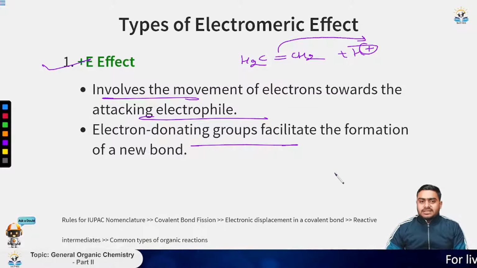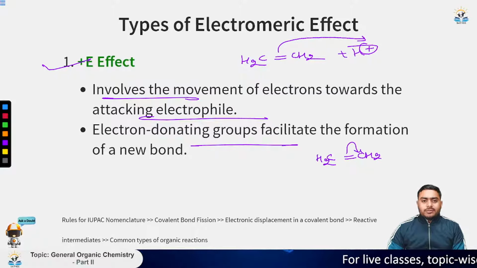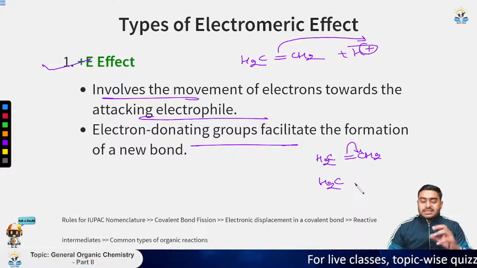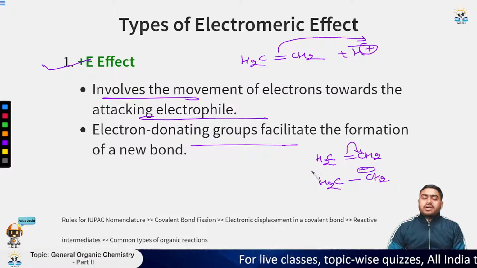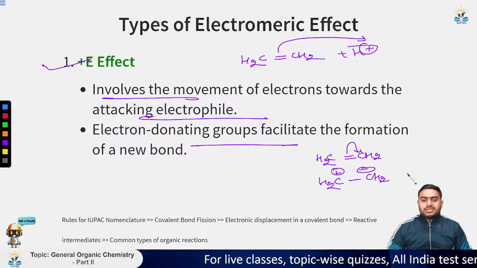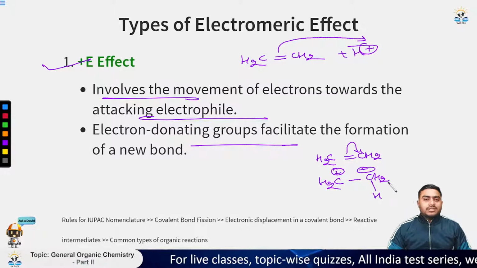So what you can understand from this is, suppose CH2 double bond CH2, and suppose this bond is going here. Let's imagine this point will get negative and this will get positive charge, then definitely H positive will attach here, right?